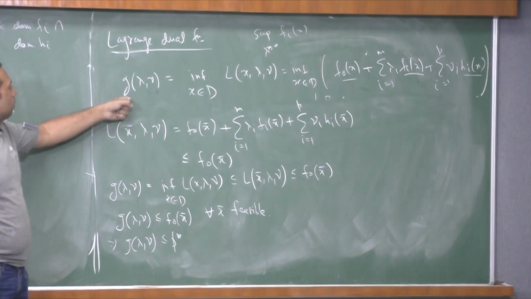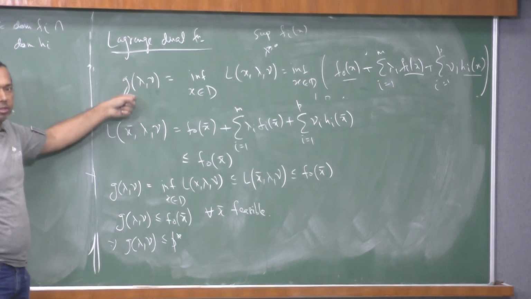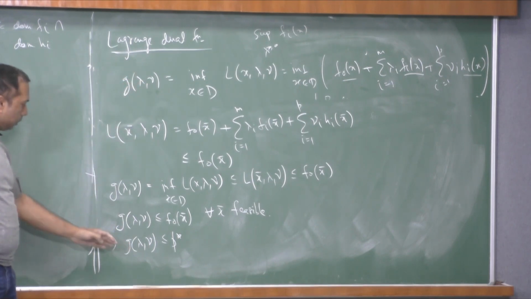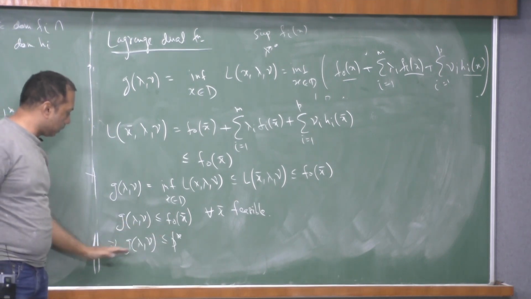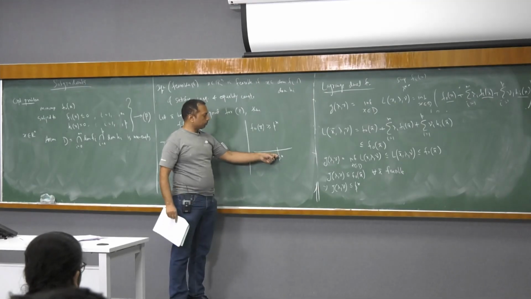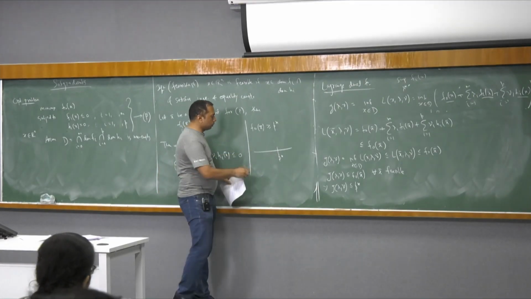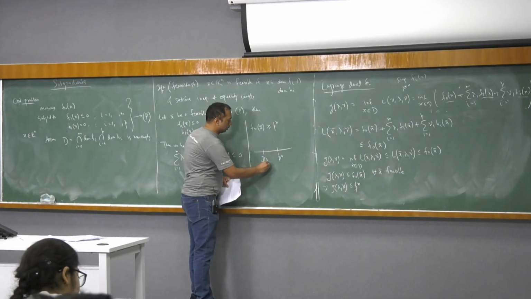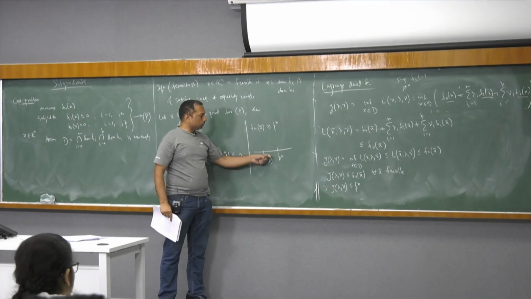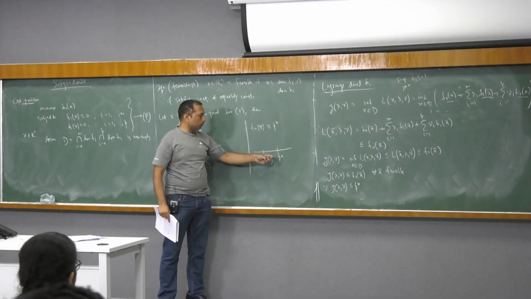What we do is maximize this, because this is giving me a lower bound, right? So it seems like one way to approach p star is by maximizing this, because p star is somewhere here, and this is what I want. And g(lambda, nu) is some quantity which is less than or equal to this, and it's always less than or equal to p star for any lambda, nu.